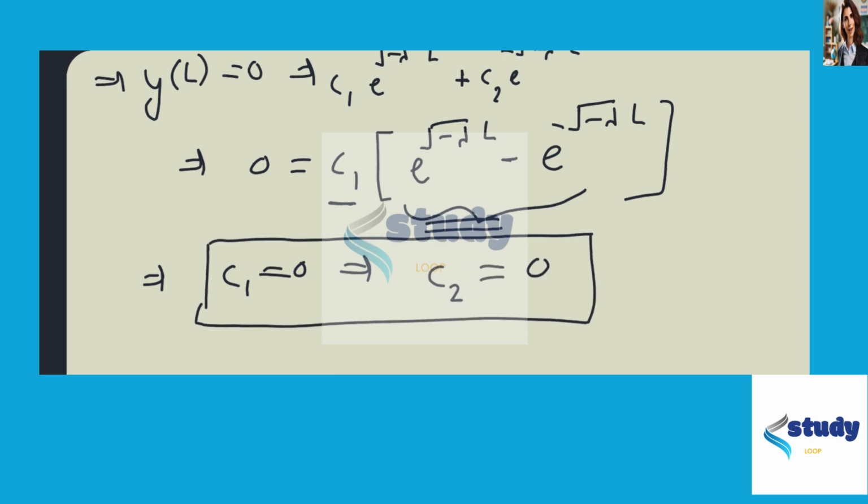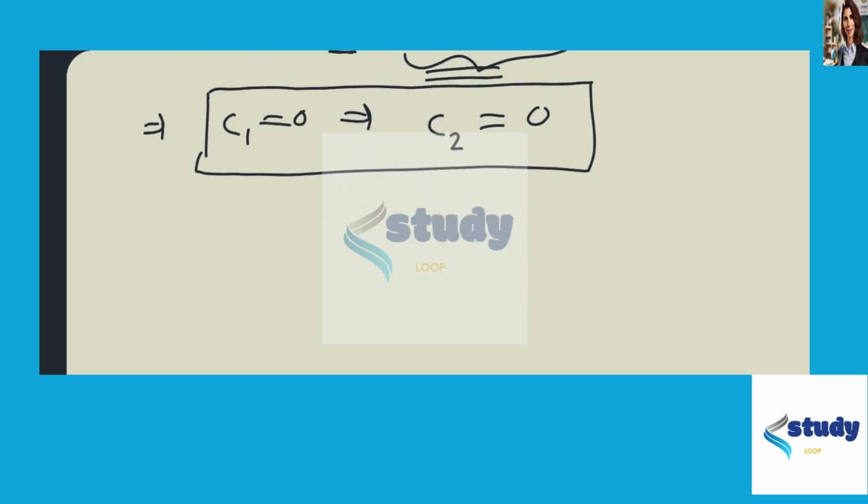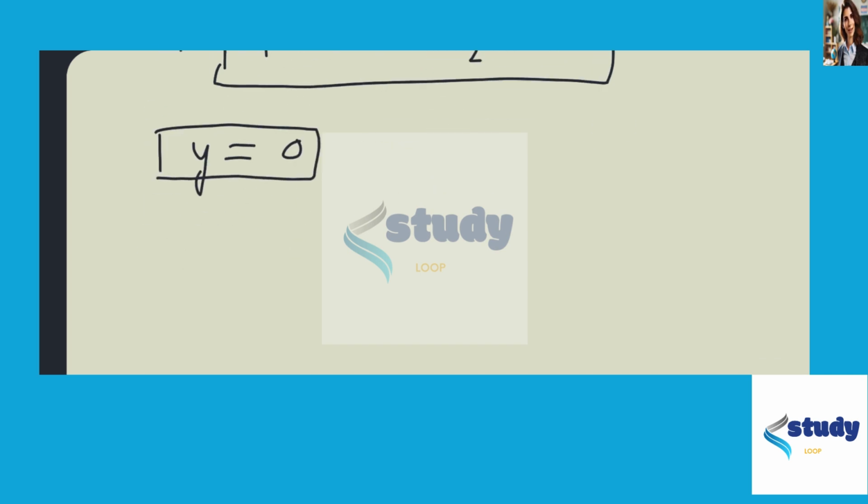So from this equation there can be either two possibilities, either c1 is 0 or this term is 0. Since this term cannot be 0, we have c1 = 0, which gives c2 is also equal to 0, right? So the only solution to the boundary value problem is y = 0, right?